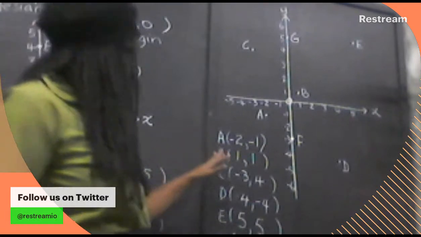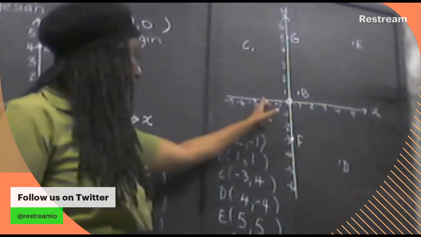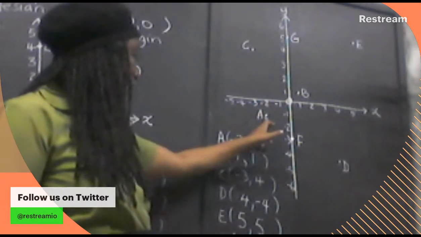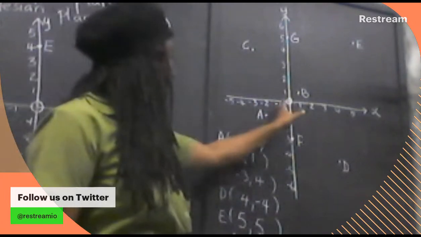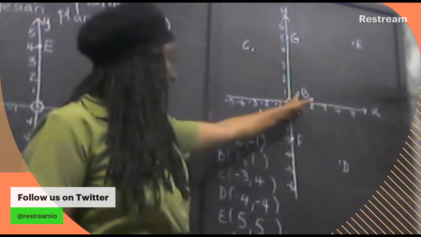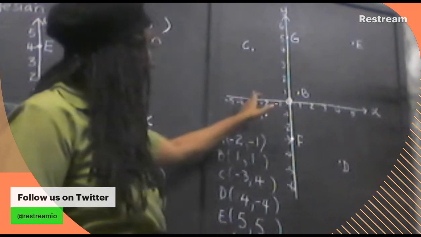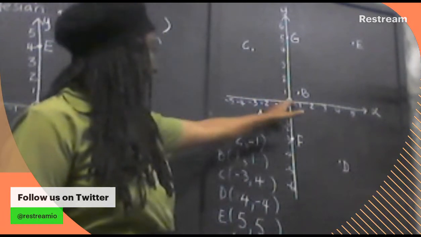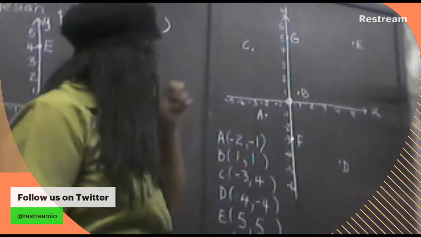So let's recap. Point A, we moved -2 on the x and down -1 on the y. For point B, we moved +1 and up +1. For C, we had to move to the left on the x-axis, so that's -3 and then up +4.